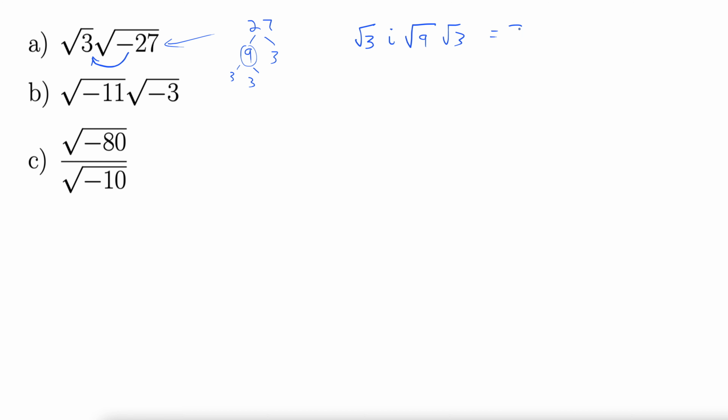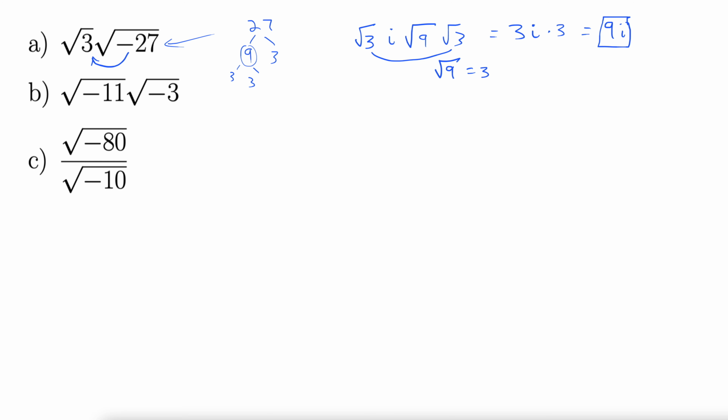Rad 9 is 3, and then we have our i, and then here we have rad 3 times rad 3, which again combine to rad 9, which is 3 again. So this is times 3, and let's simplify that down to 9i. There we go.